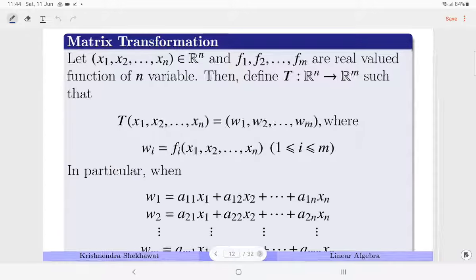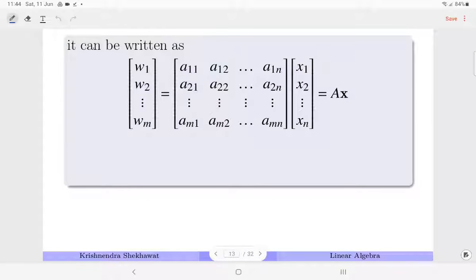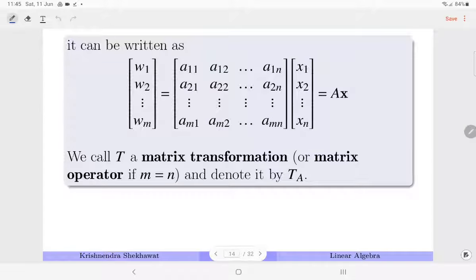Now in particular, if we define wi as a linear combination of x1, x2, ..., xn, it's a very particular case, because wi can be defined in many ways, but if it is defined like this, then we can express our given transformation as T(x) = Ax, where T is a matrix transformation.